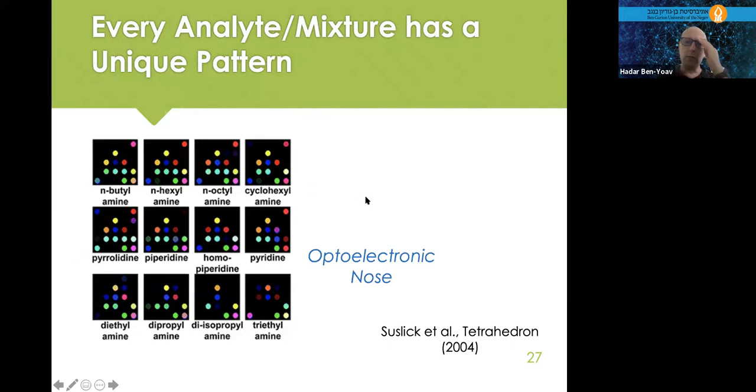And then we need to generate this kind of pattern from the different molecules that we want to measure, and we use this as the input to train an algorithm that will recognize these different patterns.